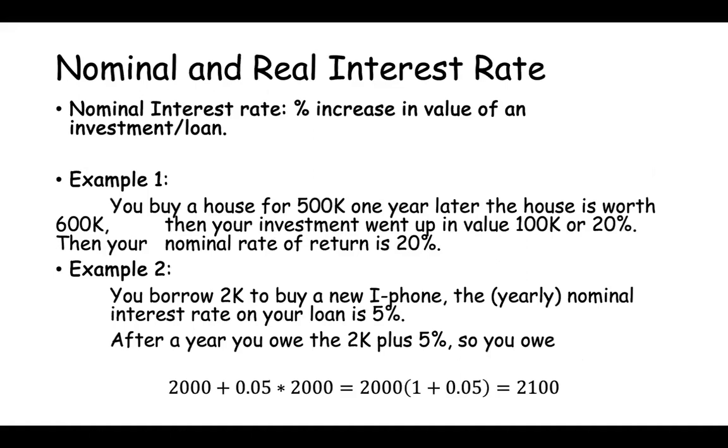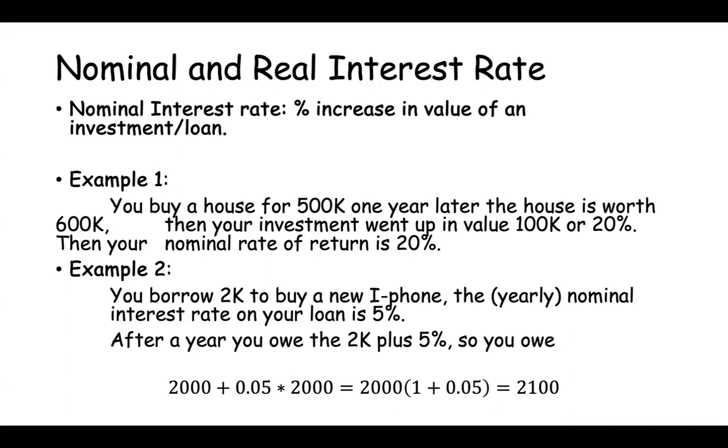Okay. So what I definitely want to make sure I discuss is the distinction between a nominal and a real interest rate. So let's start with the definition of nominal interest rate. The nominal interest rate is essentially the percentage increase in the value of an investment or a loan, depending on if you're a borrower or lender.